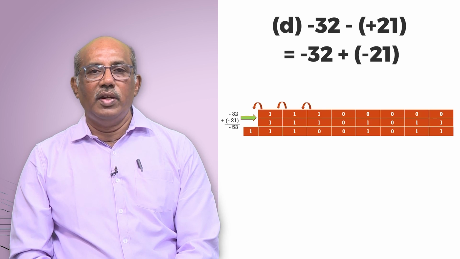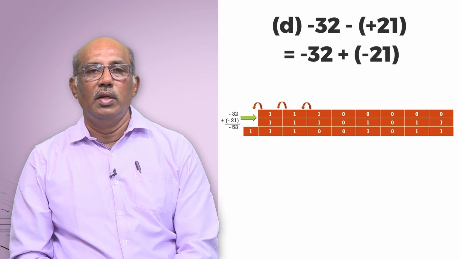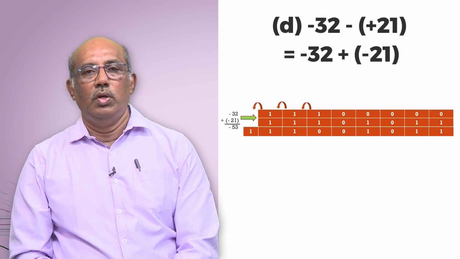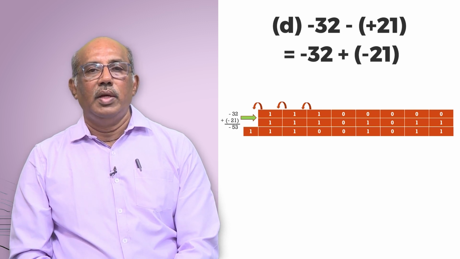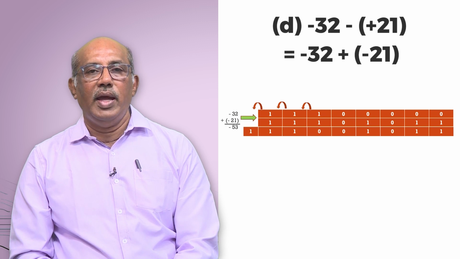To get the final result, starting with the least significant bit 1, then 0, 1, 0, 0, 1, 1 with a carryover as 1. You have to neglect this carryover, and as the most significant bit value is 1, it is in 2's complement form, and again take the complement to get the final answer, which is minus 53.